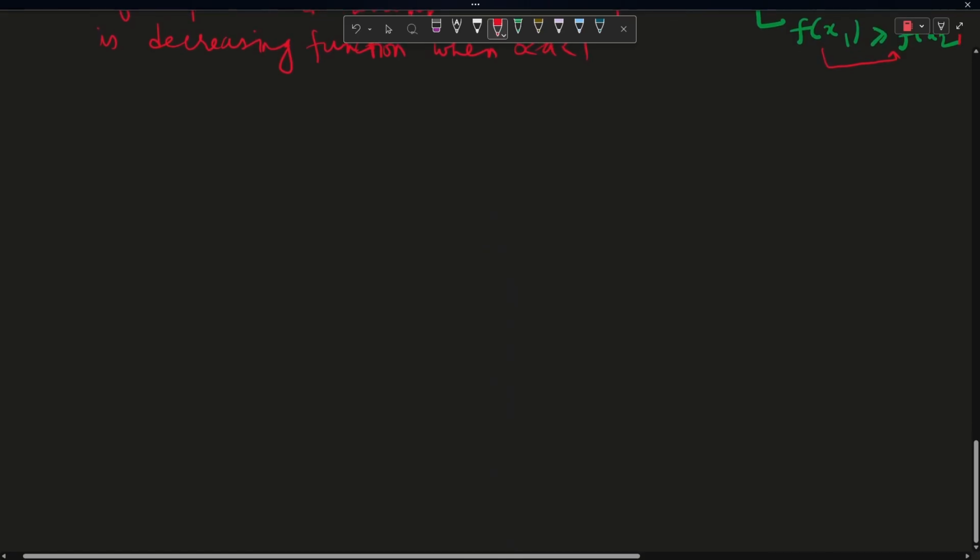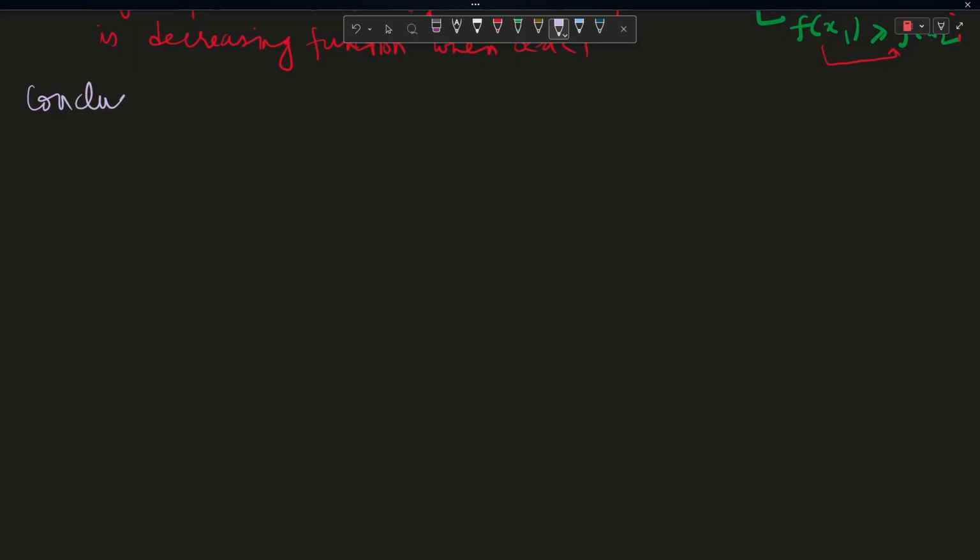So I think we can conclude here that the function f of x equal to log x to the base a has two possible scenarios.